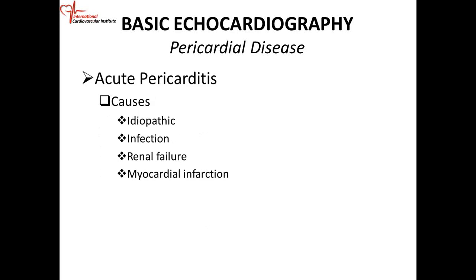When we talk about any type of itis, it's an inflammation, and acute pericarditis is just acute inflammation of the pericardium. Usually these patients are in a lot of pain. We talk about pleuritic pain, a sharp stabbing pain, usually increased with activity and deep breathing.